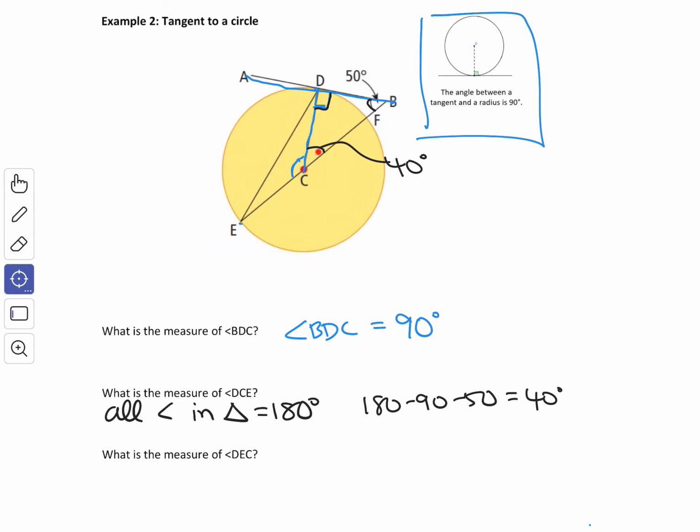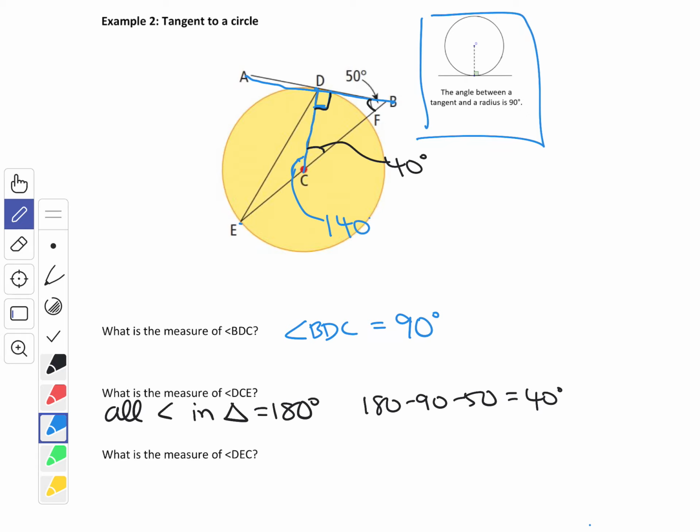So that is telling us that this little angle right here must be 40 degrees to make all three angles add up to 180. This is a key piece of information to help us find this angle, because this whole thing must be 180 since it's a straight line. Then that means if this little part is 40, this part right here must be 140 degrees.